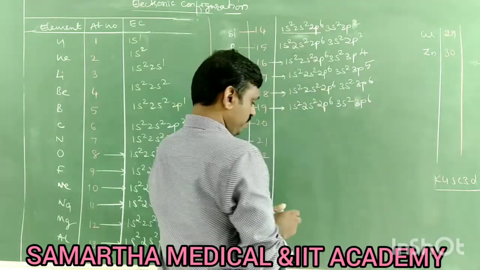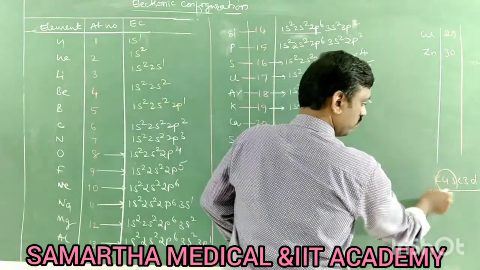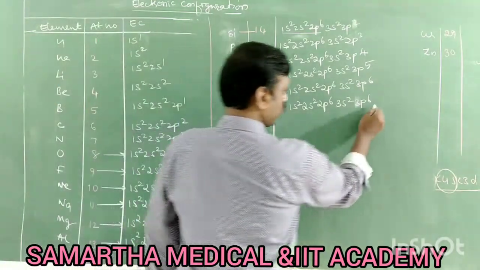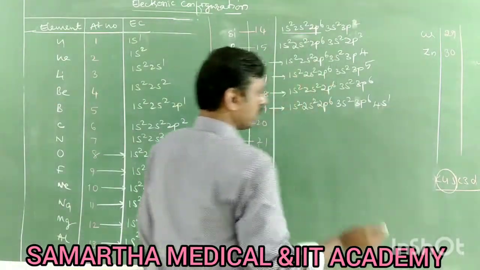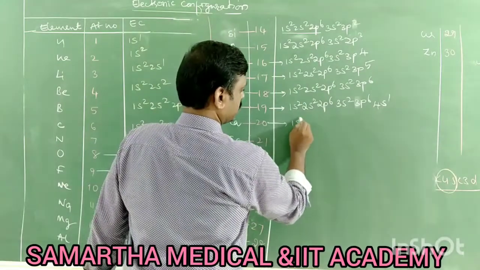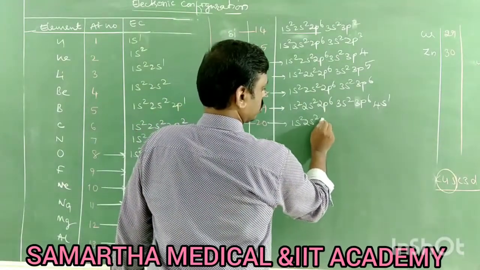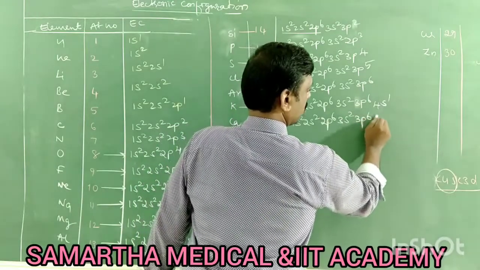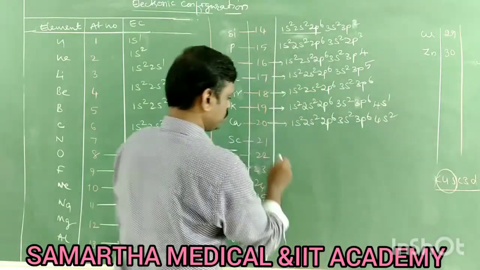Then after 3p6, the electron enters into 4s. Therefore, it is 4s1. Next, it is 1s2, 2s2, 2p6, 3s2, 3p6, 4s2.